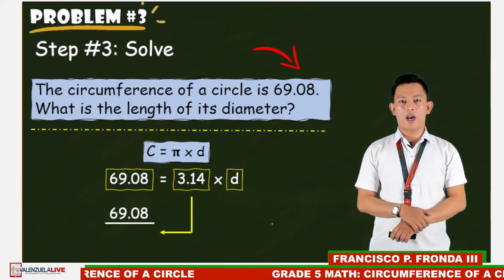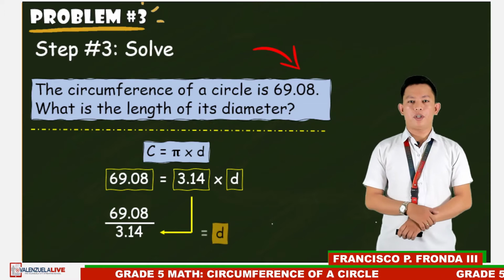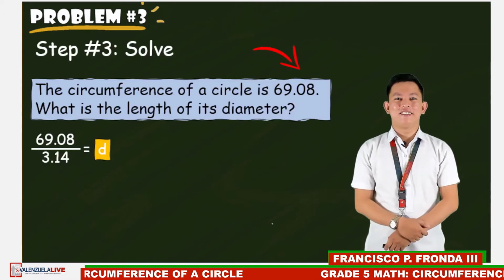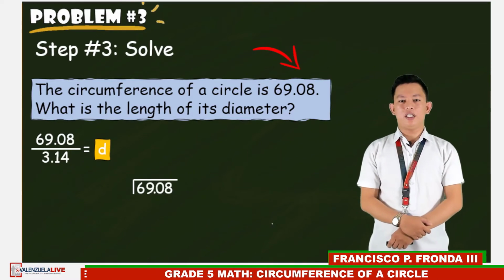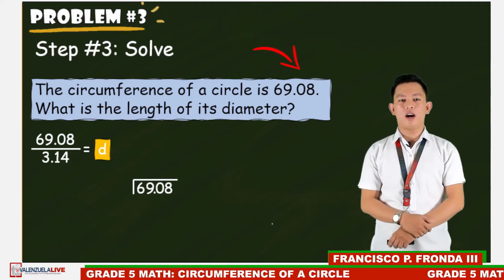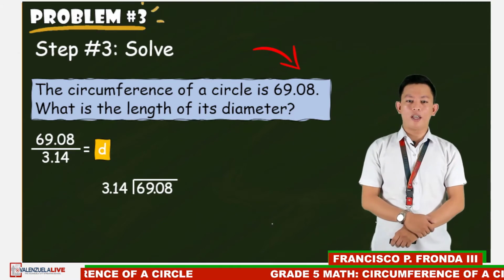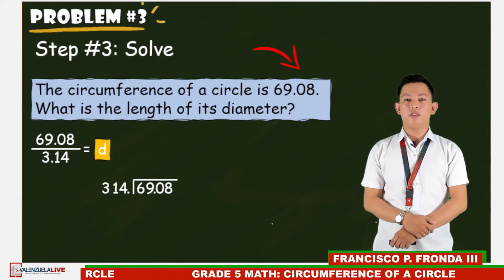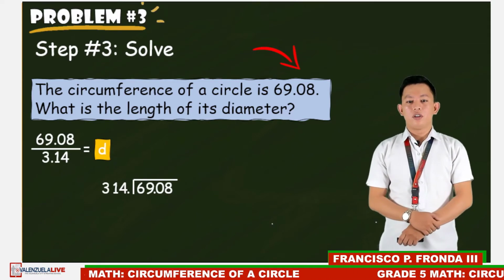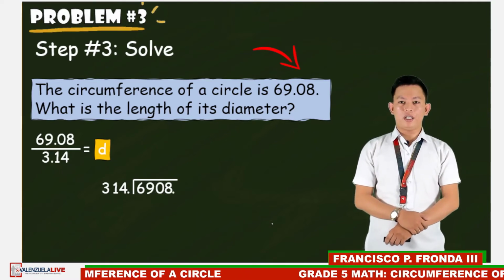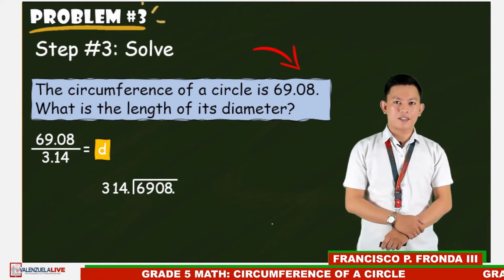So, now we have 69 and 8/100 over 3.14 is equal to D. Now, let's solve this problem. So, 69 and 8/100 is inside the long division bar. And 3.14 is outside the long division bar. Before we divide, move first the decimal point of the 3.14 to the right 2 places. And also, move 69 and 8/100 2 places to the right to make the equation balance.